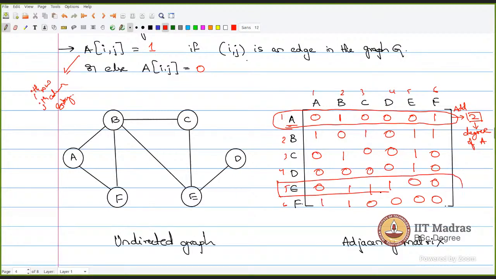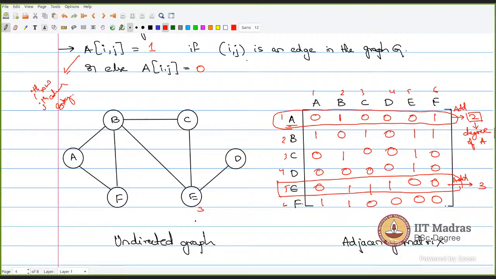See row E. If I add all those values, I will get 3. And this 3 is nothing but the degree of E. If you compute the degree from looking at the graph, you will get 3. From the adjacency matrix also, you can get the degree of a vertex.